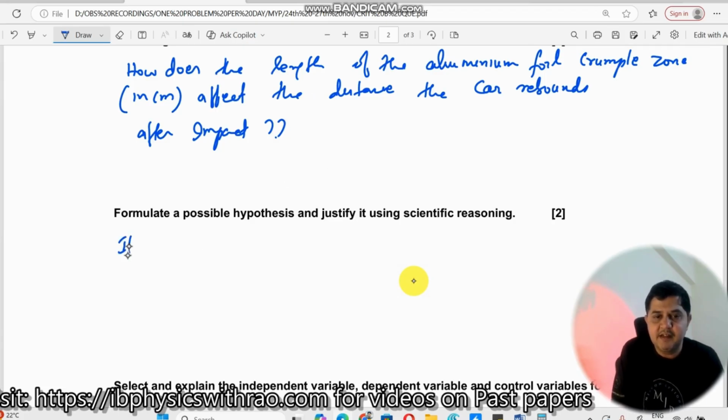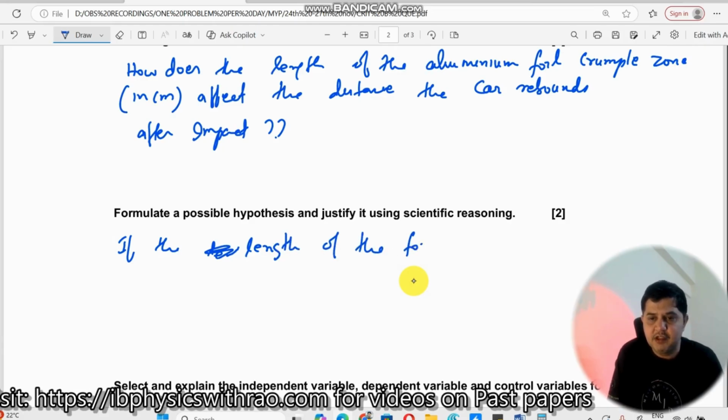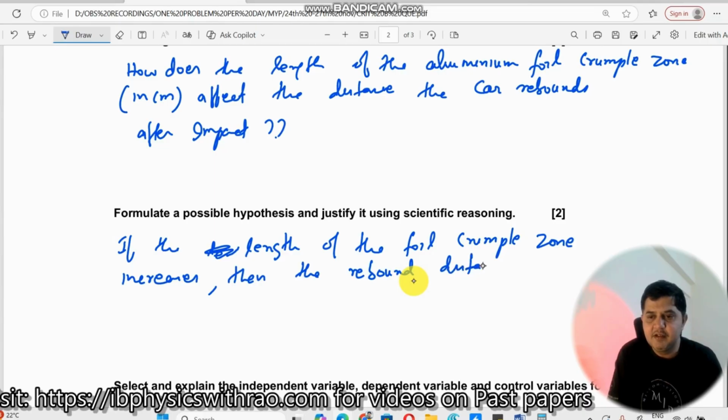You can just say, if the length of the foil crumple zone increases, then the rebound distance of the car will decrease.